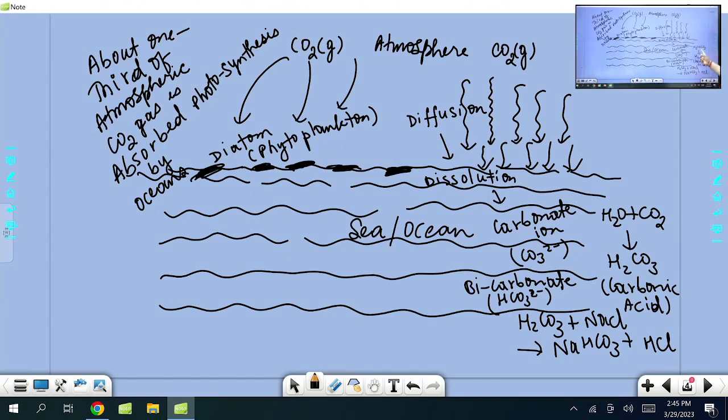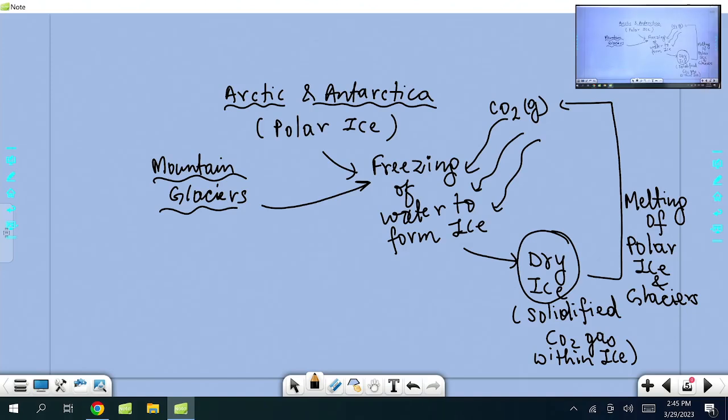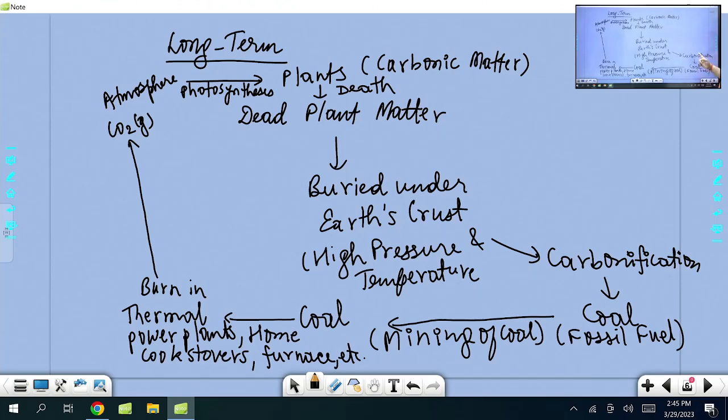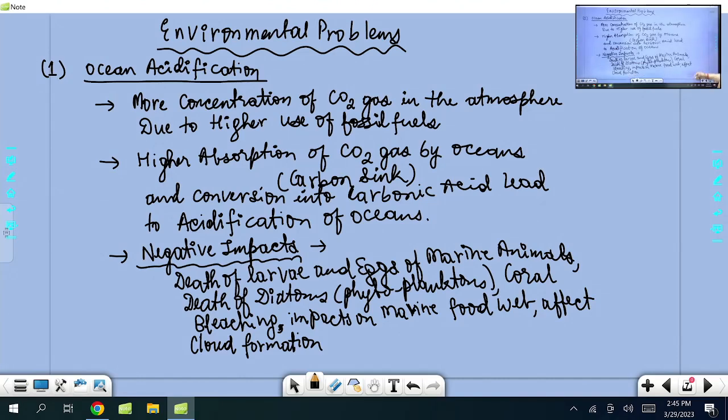Then we went into another process, ocean takes up carbon dioxide. Then we discussed dry ice, solid carbon dioxide. Then long term we discussed carbon buried as fossil fuel. We do the mining and then we burn it. Then we discussed the water problem, ocean acidification, negative impacts.